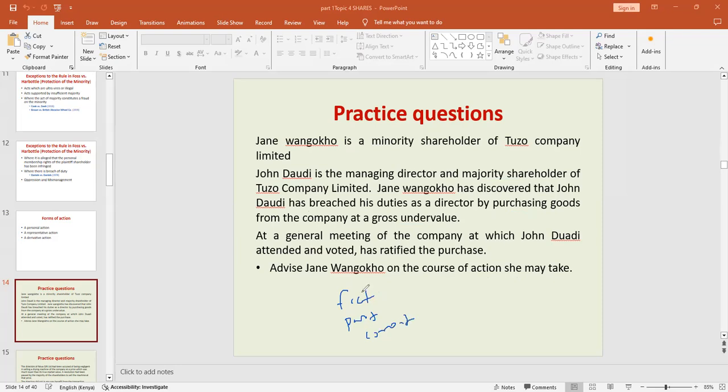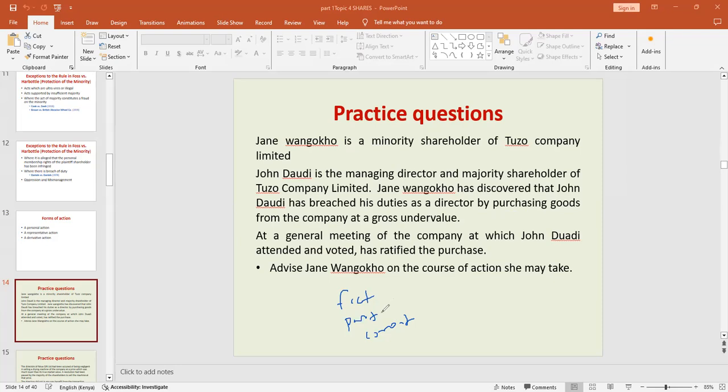So the facts are, first of all, for the most part, yes, with majority shareholders, the decisions tend to win, to carry the day. But that doesn't work where the majority shareholder action is either ultra vires, or in this case, a breach of duty. Or it could be mismanagement, that one too.